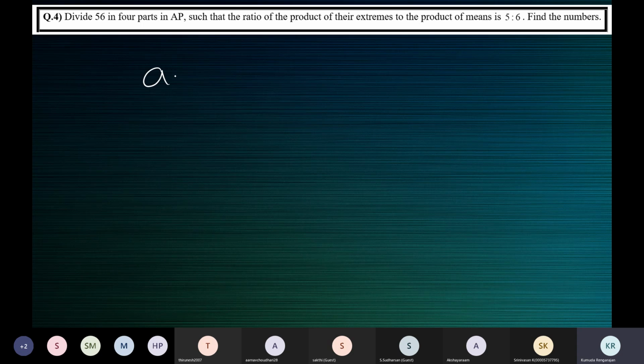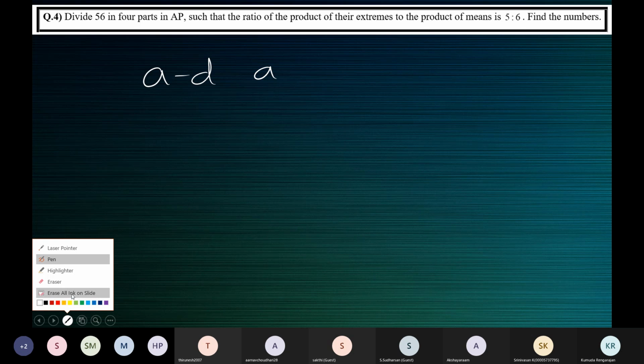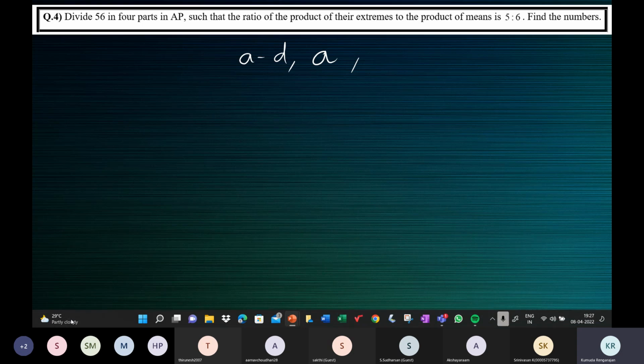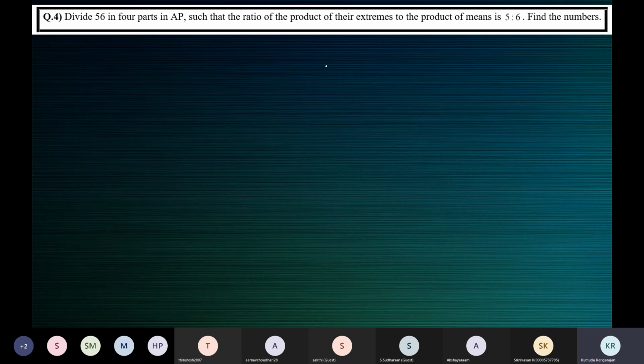So you must say, let the 4 parts be... Now I heard from Arnav: A minus 3D, A minus D, A plus D, A plus 3D. Yeah, okay. So let me write. Just look at your screen, children.